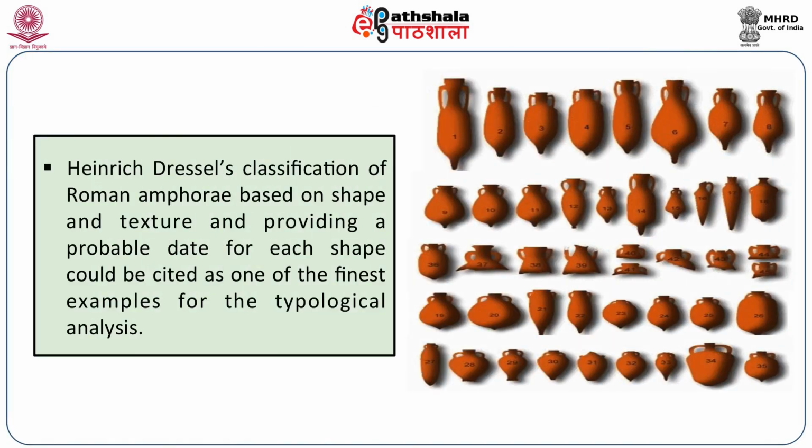For instance, these are the amphora jars available in the Mediterranean world. What we call Henry's Dressel classification of Roman amphora: he collected all the amphorae and, based on shape and size, placed them in a chronological order. So these amphorae, based on shape and texture, provide a probable date for each shape, and could be cited as one of the finest examples of typological analysis.